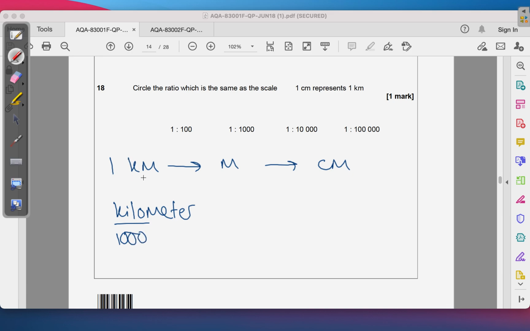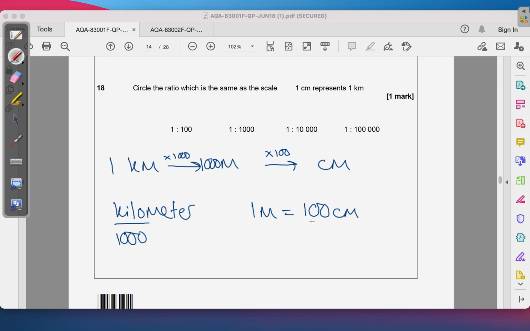So that means that 1 kilometre is 1,000 metres. And we know that 1 metre is equal to 100 centimetres. So to go from kilometres to metres, we times by 1,000, and to go from metres to centimetres, we times by 100.